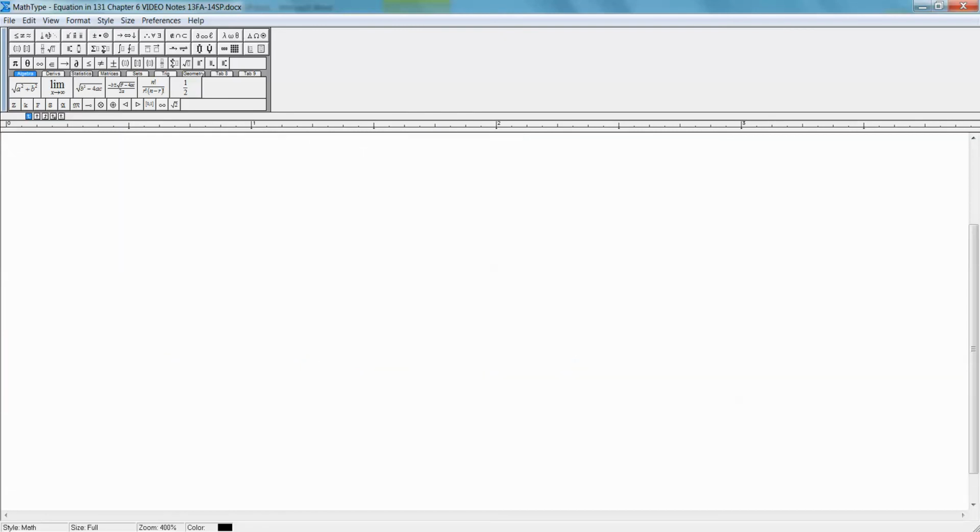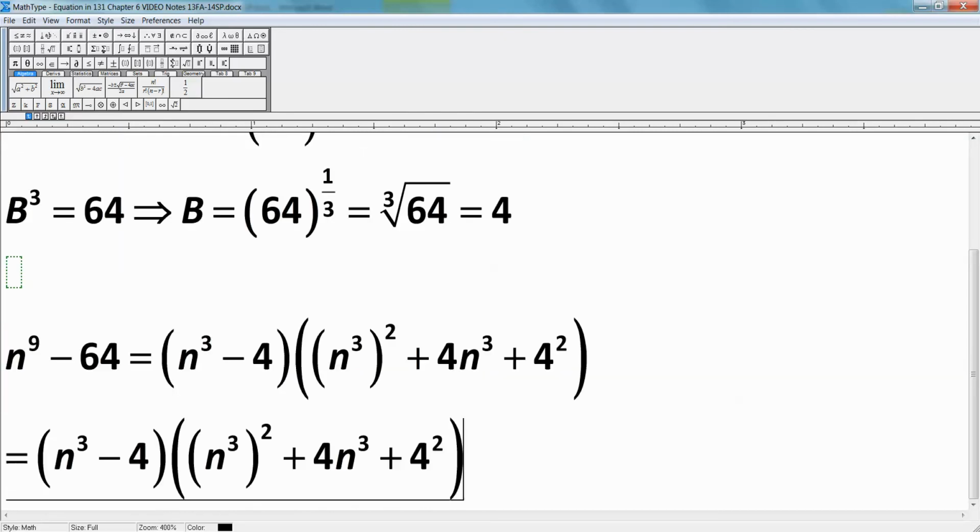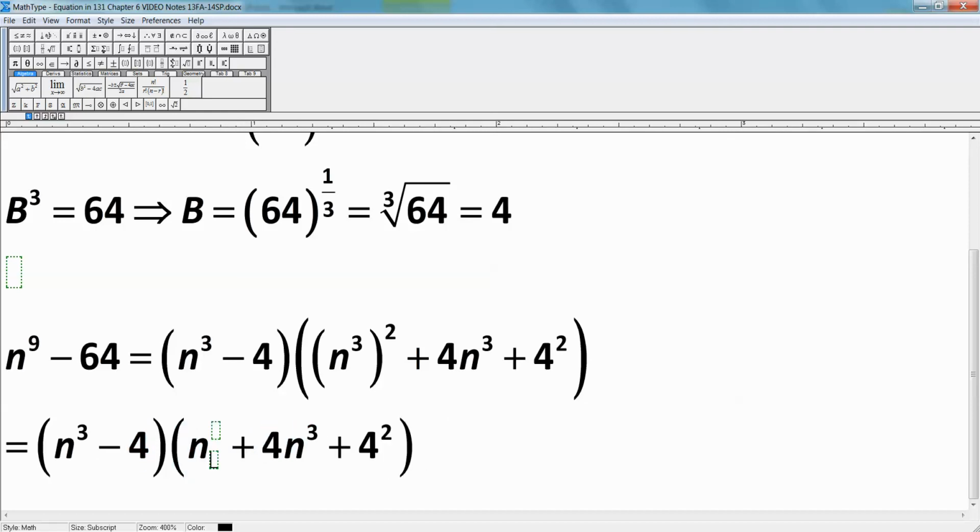And then box it. So n cubed minus 4. I can't do anything more with that. If it was an 8, I'd have to keep going because 8 is a perfect cube. But 4 is not a perfect cube, so I'm done there. And this is n to the 6, right? We learned that back in chapter 4, that 3 and 2, when you raise a power to a power, you have to multiply. And then 4 squared, we all learned a long time ago, is 16. And you're done.